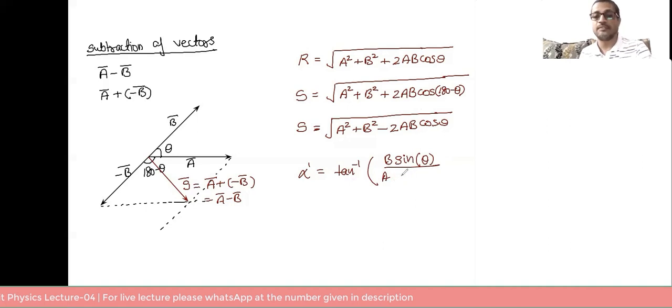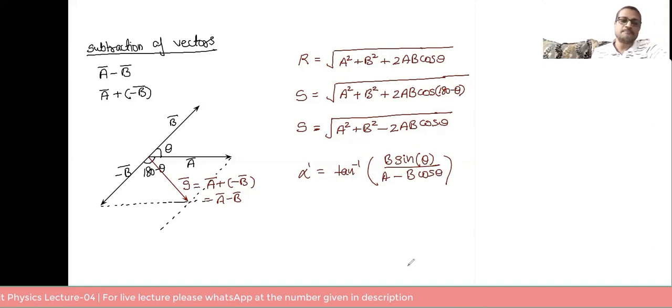Therefore, here itself we will write minus B cos theta. So here I have used two properties: sine 180 minus theta is sine theta, and cos 180 minus theta is minus cos theta. Why and all that, we can see that later.